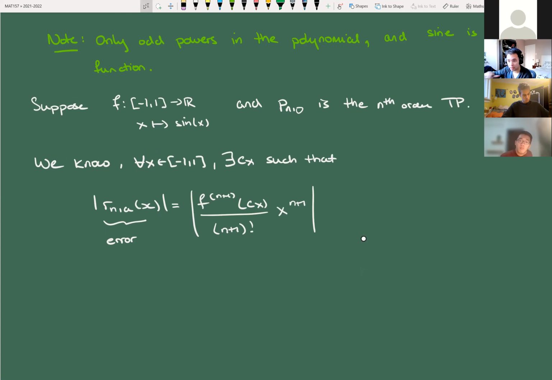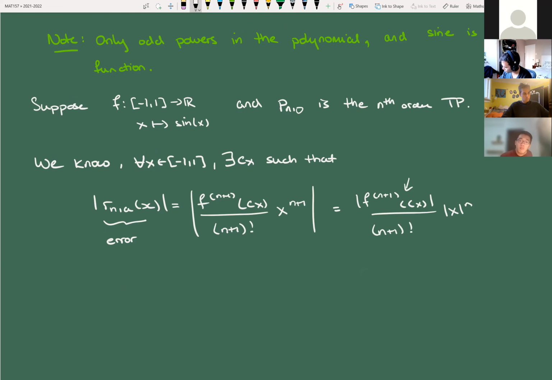But now I can use a whole bunch of inequalities. So whatever the error is, that's going to be less than or equal to, actually, in this case it would just be equal to. So let me write it like this. n plus 1 factorial is already positive, so there's no reason to put absolute values on it. Now, we know that the derivatives of sine are just sine and cosine, right?